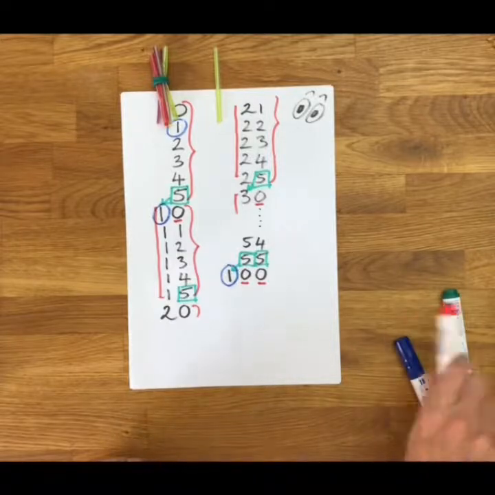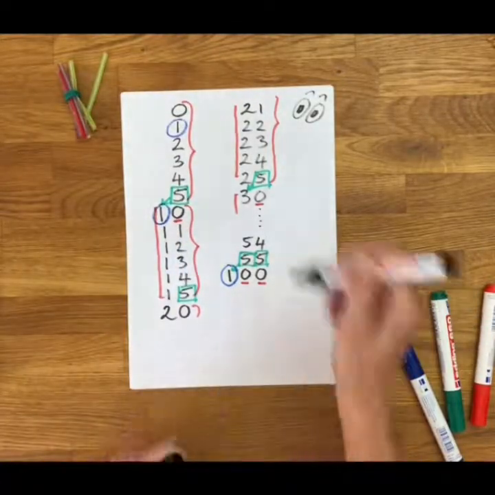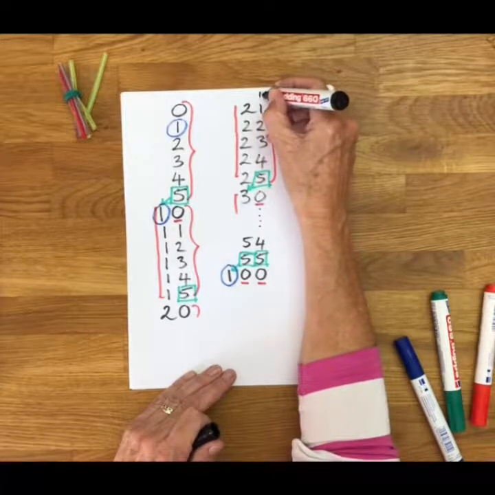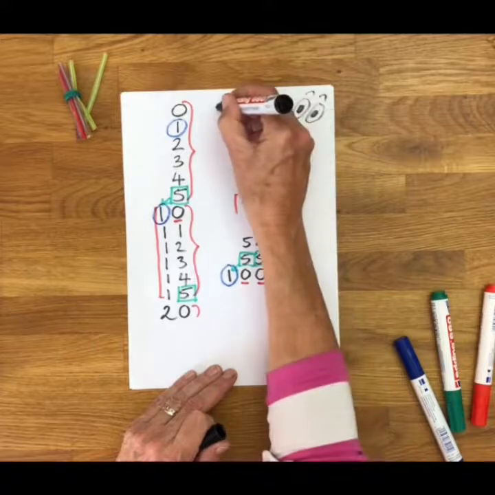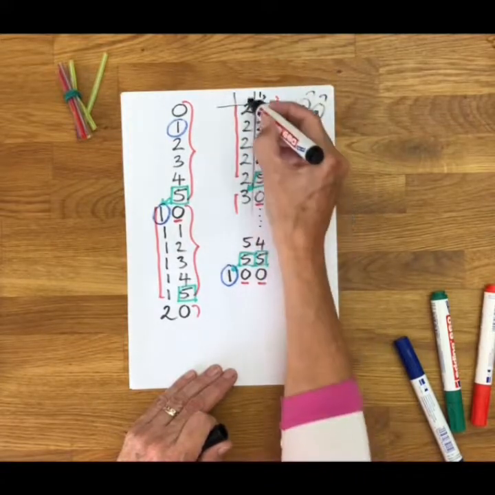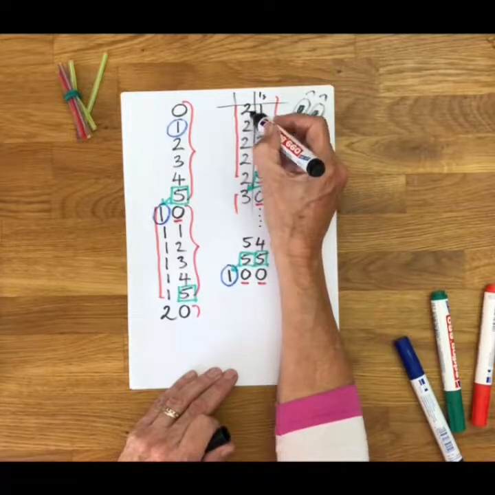The last thing I want to mention then is the value of the columns. So this column here is our 1s column. Do you remember our little red person was collecting just single straws? Then this column here, each one in there is worth 6 times as much, isn't it?